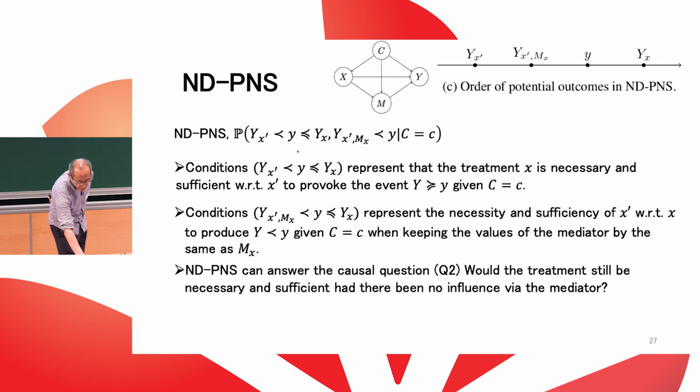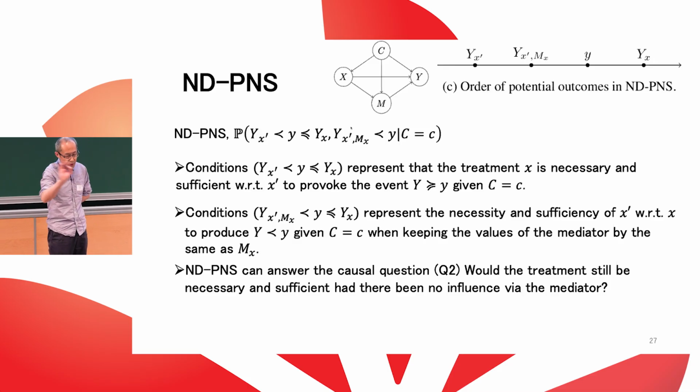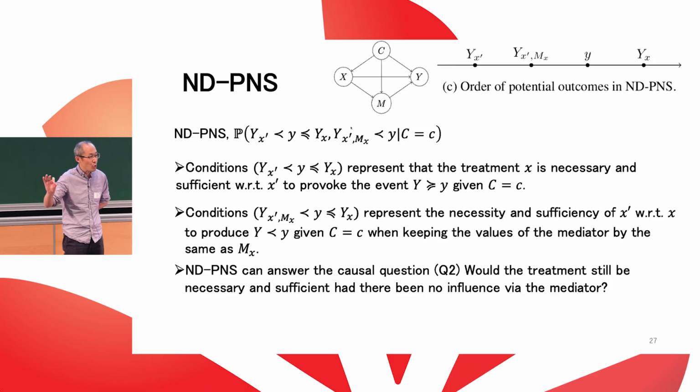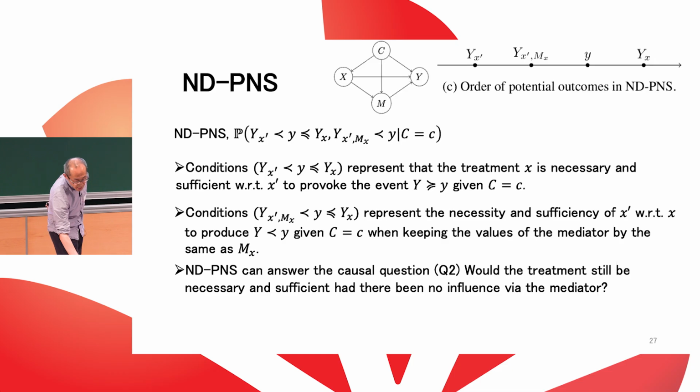And then we have the so-called natural direct PNS. It basically consists of two counterfactual statements. We ask what's the probability of these two counterfactual statements being true. The first statement is essentially the original counterfactual requirement for PNS. Now we introduce another condition.